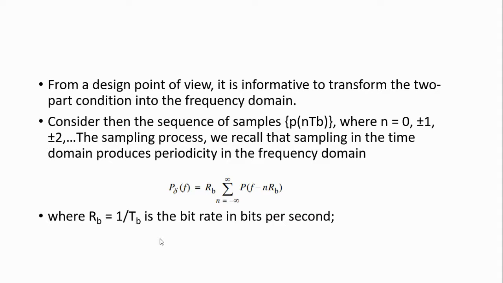P_delta(f) is equal to Rb times the summation from n equals minus infinity to plus infinity of P(f minus nRb). We already saw p(0) is equal to 1. Here we make P_delta(f) equal to 1.